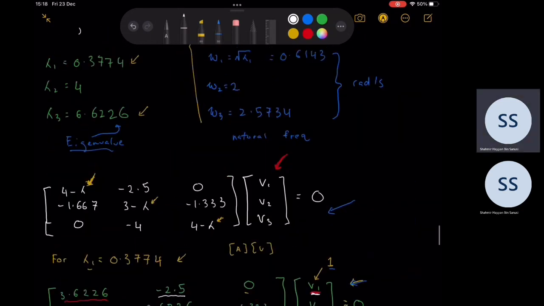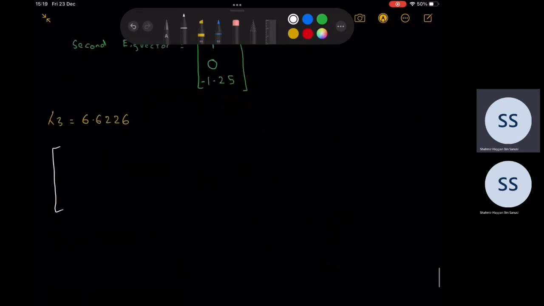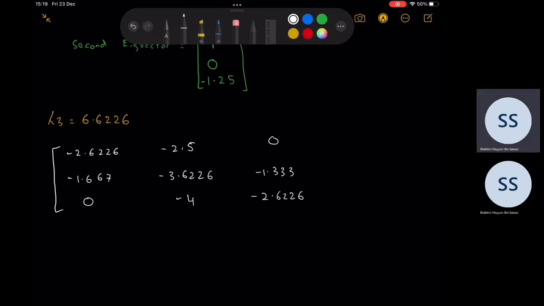In this matrix, replace lambda with the lambda 3 value, and you'll get negative 2.6226, negative 1.667, 0, negative 2.5, negative 3.6226, negative 4, 0, negative 1.333, negative 2.6226, multiplied with matrix V, which is V1, V2, V3, equals 0.